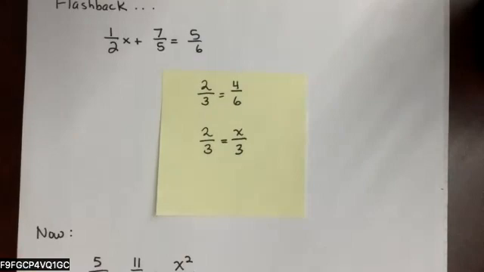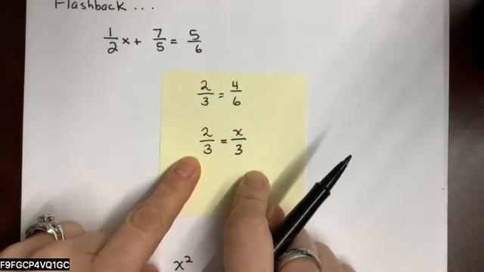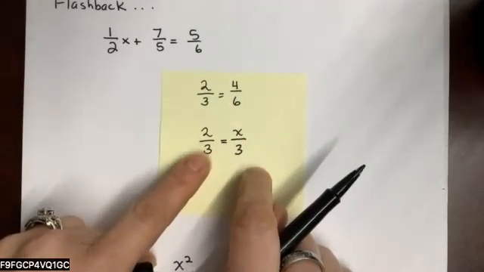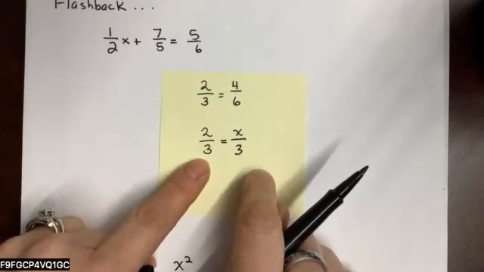When I state equality, this is very strong because in math, equality means equal in every possible way. So when I say 2/3 equals x/3, that means that the left and the right are identical. They are equal in every possible way.